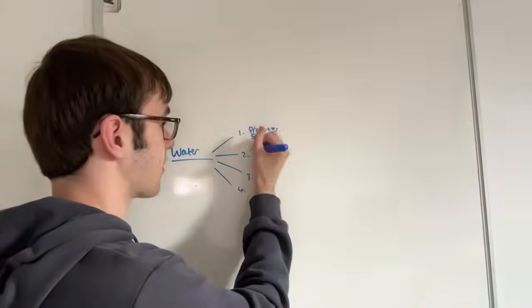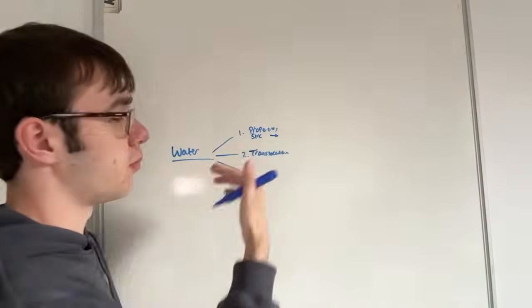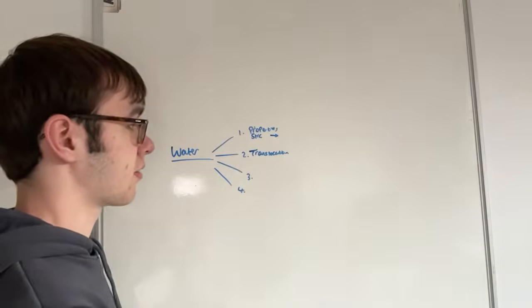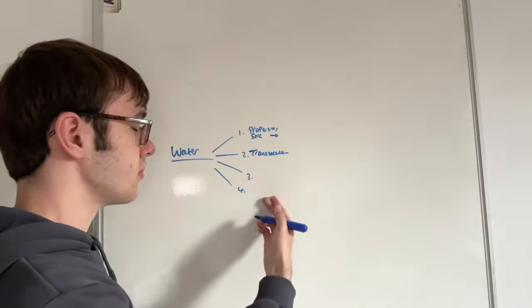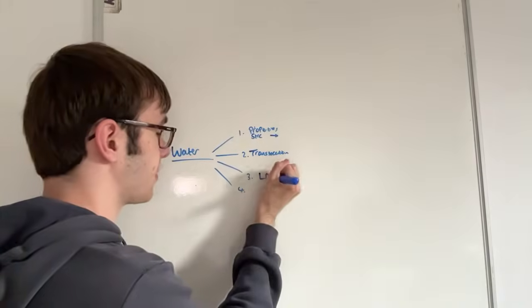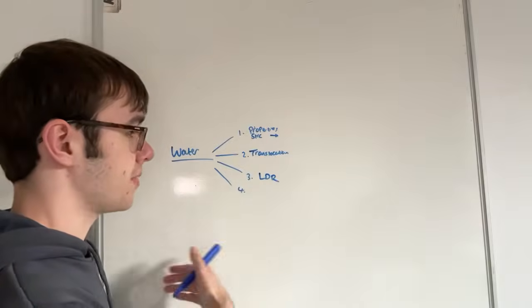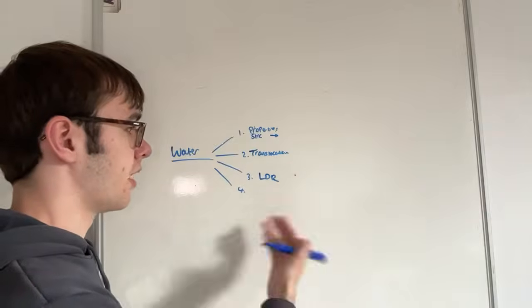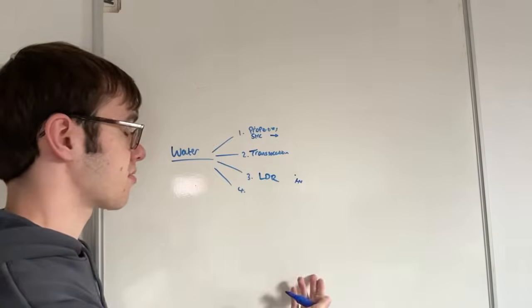In terms of other things, I would go with translocation. Obviously, the role of water in that process, establishing the hydrostatic pressure, establishing the gradients. I would also go with the light-dependent reaction, talking about photolysis, the role of water being split, providing the electron to the chlorophyll, while the hydrogen ion establishes the gradient.